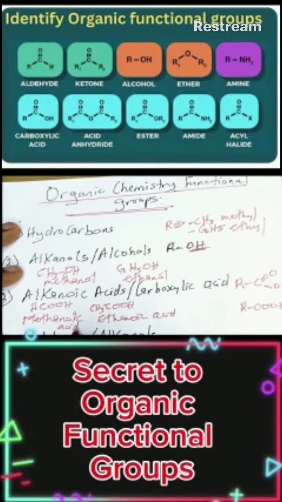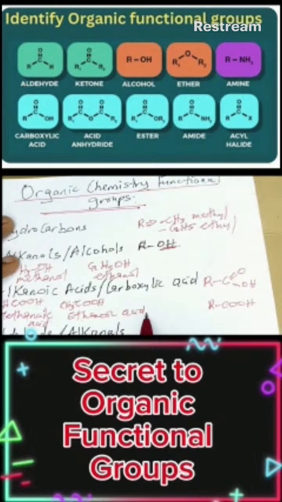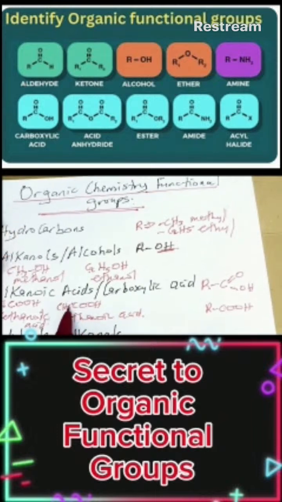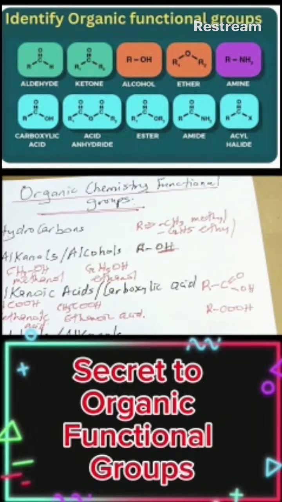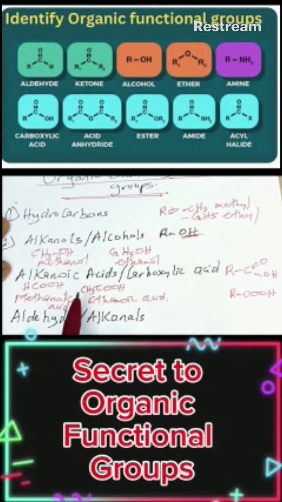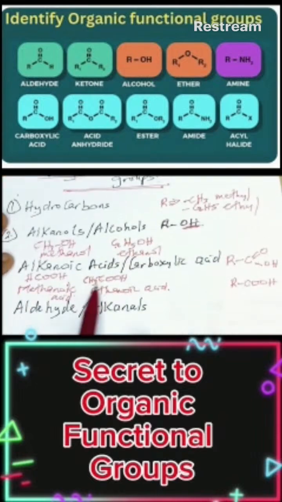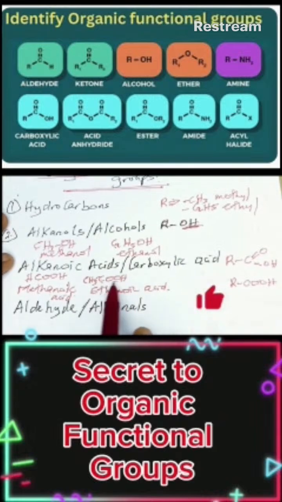This is methanoic acid, and this will be ethanoic acid. If the carbon is 3, instead of these 2, it will be called propanoic acid, and it goes on and on like that. But because this video is for the identification of the groups, whenever you see this, you know it is of the alkanoic acid.